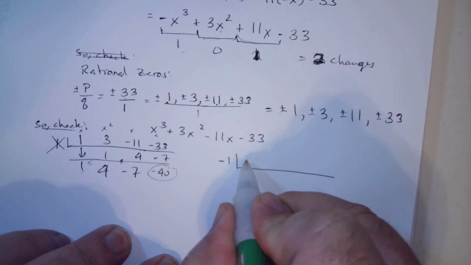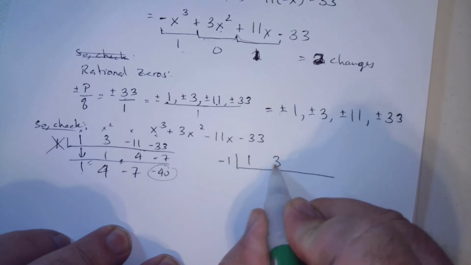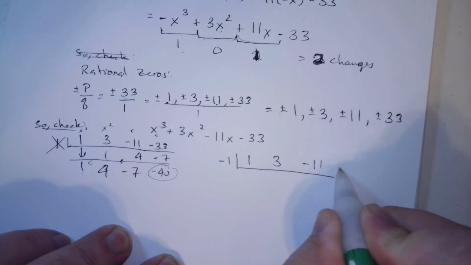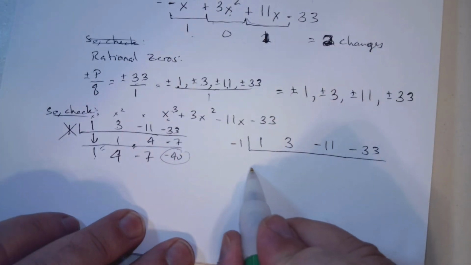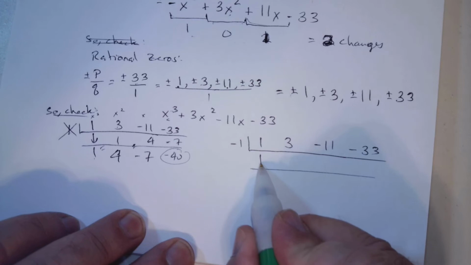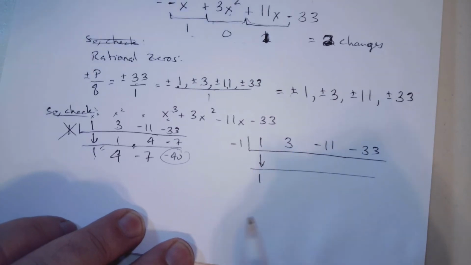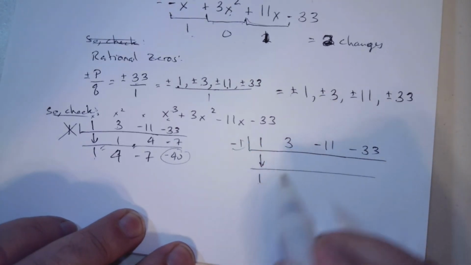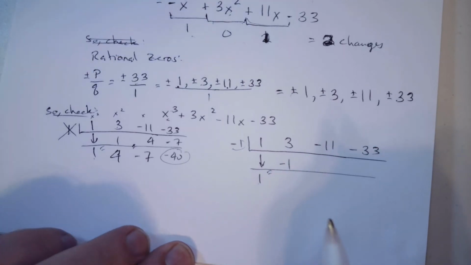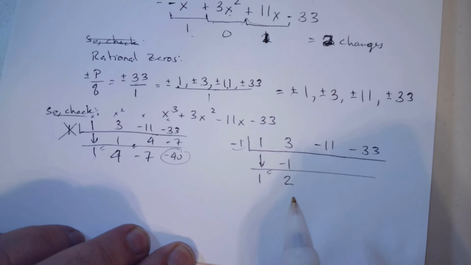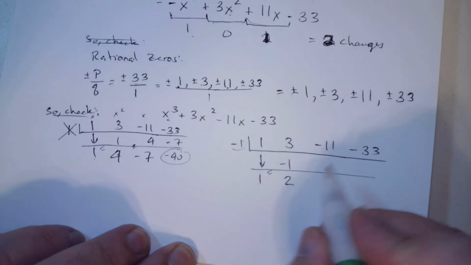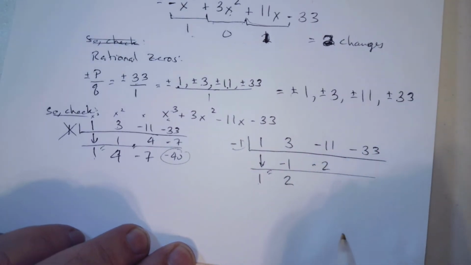Let's try negative 1. 1, 3, negative 11, negative 33. Bring down the first one. Negative 1 times 1 equals negative 1. 3 minus 1 is 2. Negative 1 times 2 is negative 2. Add those.